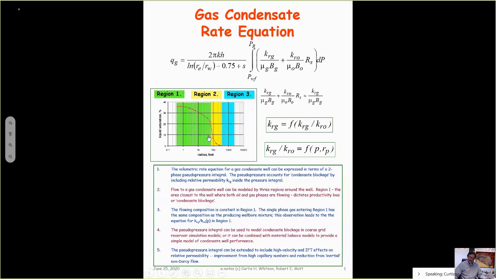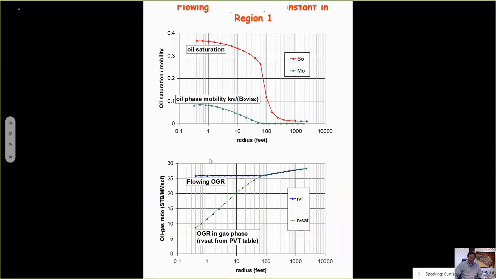Any questions about that? Just a comment. This oil is coming out of gas phase. It's mainly because of the pressure drop, right? It's retrograde condensation. Yeah, exactly. Yeah, it's the little Rs curve.